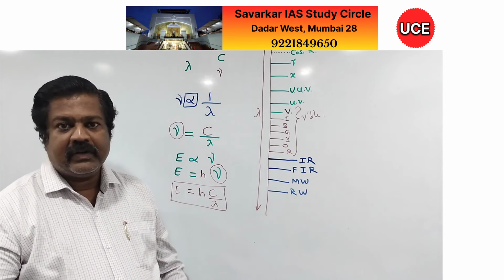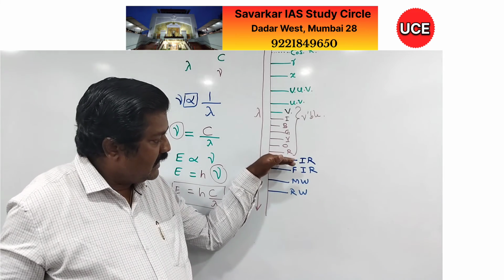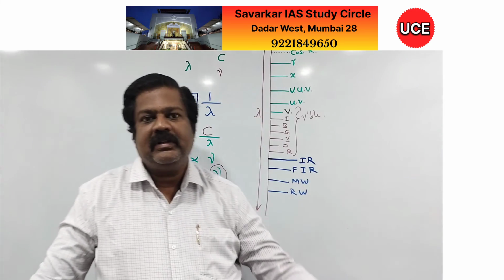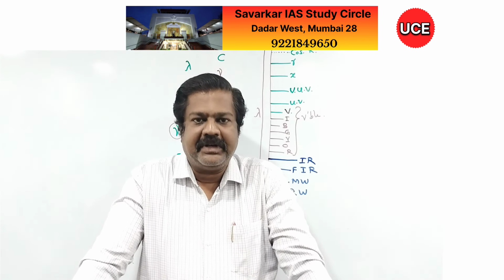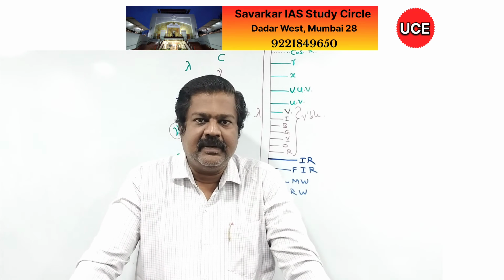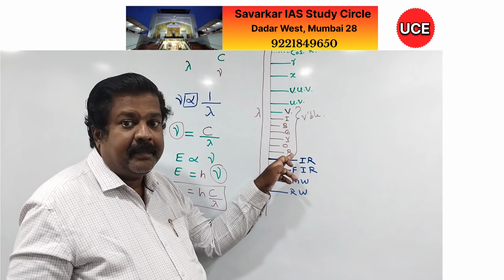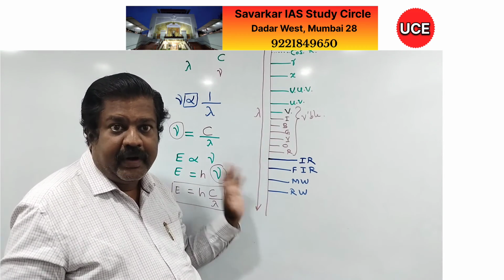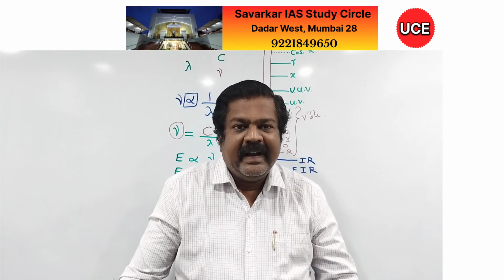So all these radiations are again invisible. These radiations are low energy, these radiations are high energy, and these radiations are visible radiation. So this is called spectra. Initially light scattered through a prism was called spectra, but now we realize that apart from this visible part, this is high energy invisible radiation, this part is low energy invisible radiation.